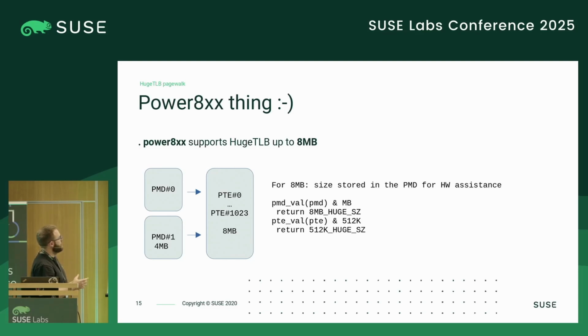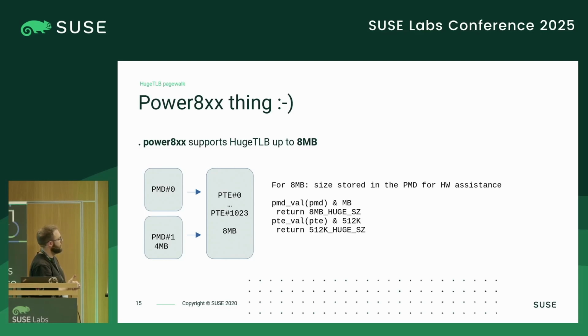But the problem is that the size of the PTE isn't in the PTE itself, but in the PMD, which means that making that work with a generic page walk will have its challenges if we don't want to special case, because we will have to special case anyways.